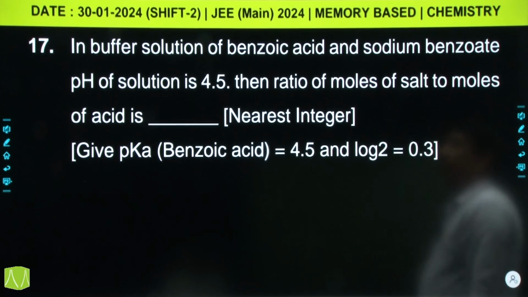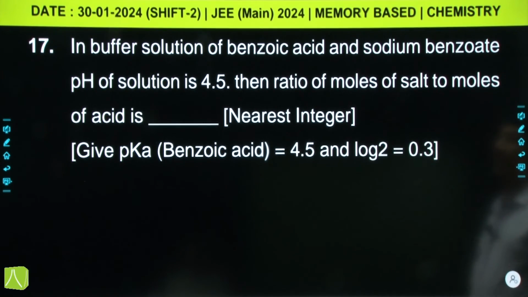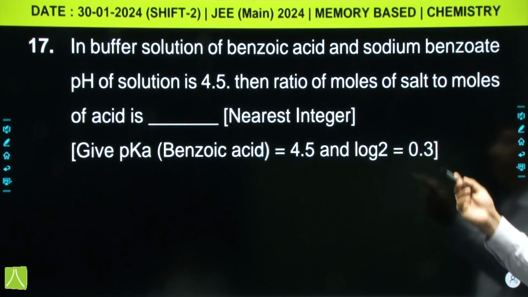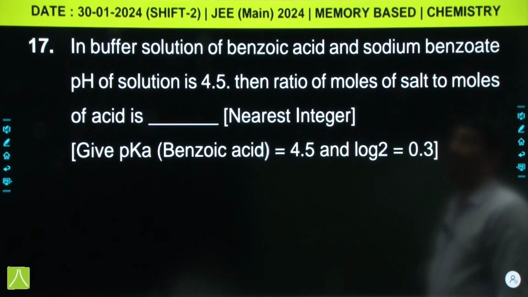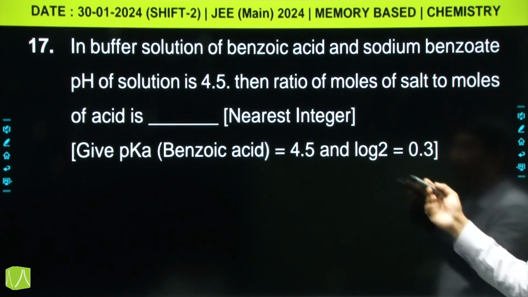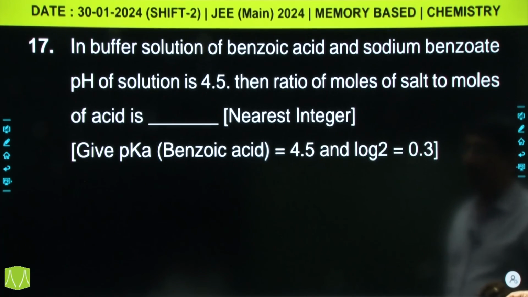Next, in a buffer solution of benzoic acid and sodium benzoate, the pH of the solution is given, then the ratio of moles of salt to moles of acid is, pK of benzoic acid is given as 4.5 and log 2 is 0.3.